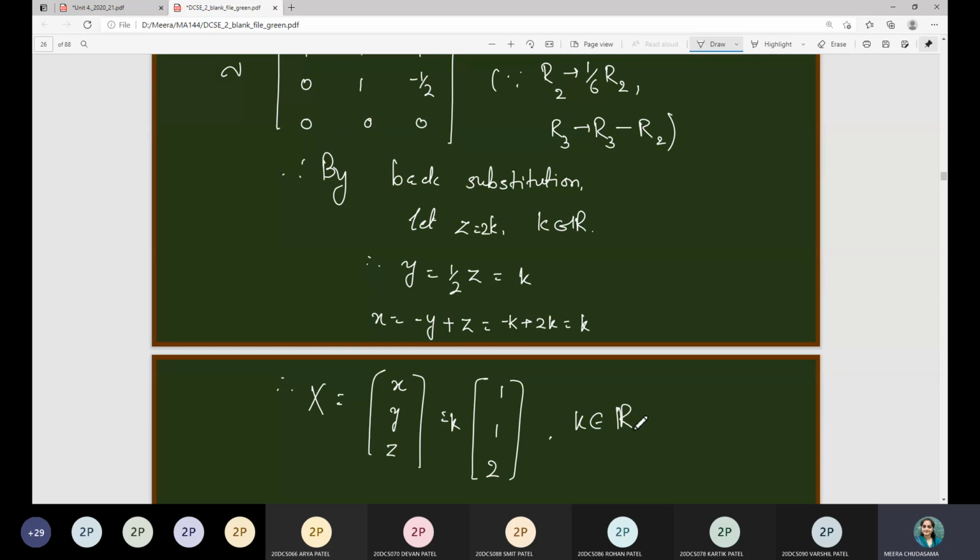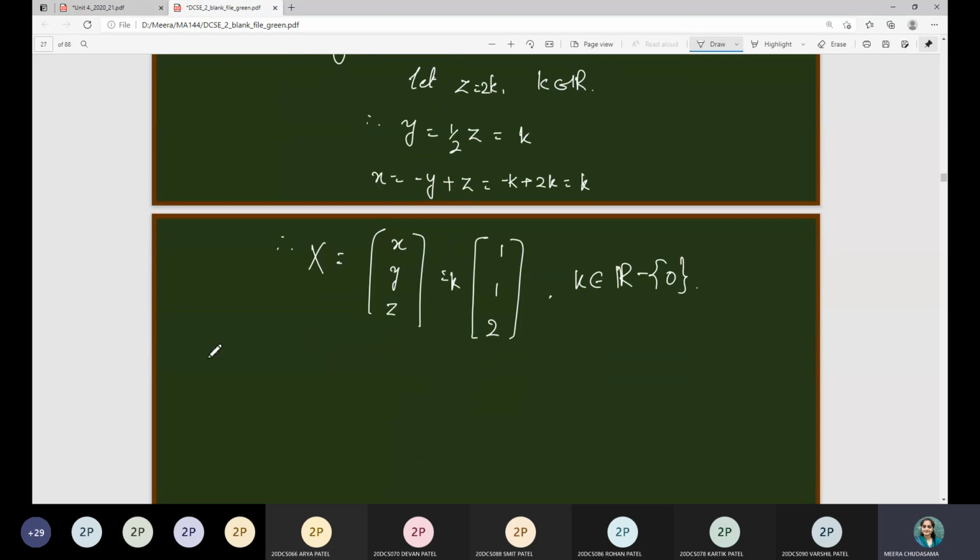And here I have to eliminate 0 because eigenvectors are always non-zero vectors, right? So this corresponds to lambda equal to 2.